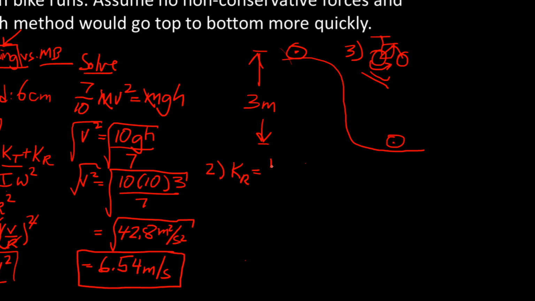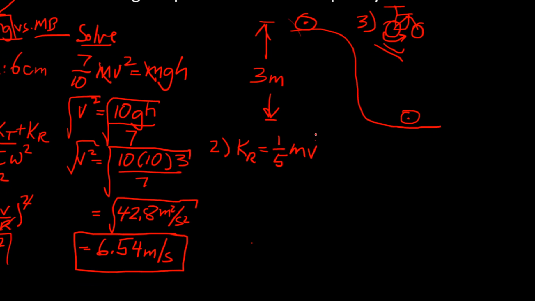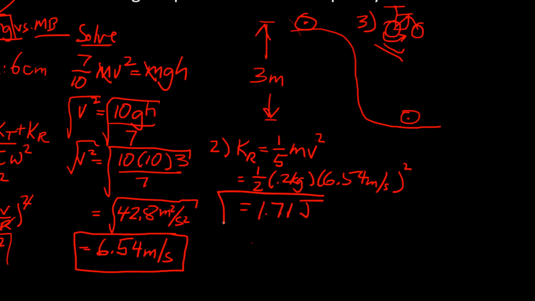It's also equal to 1/5 mass times velocity squared when we did all the substitution based off the geometry. 1/2 our mass, 0.2 kilograms, our velocity, 6.54 meters per second. We'll square that value. I plugged it in, 6.54 squared. We'll get back to our 42.8 times 0.2 times 1/2. I get a value of about 1.71 joules for our rotational kinetic energy.